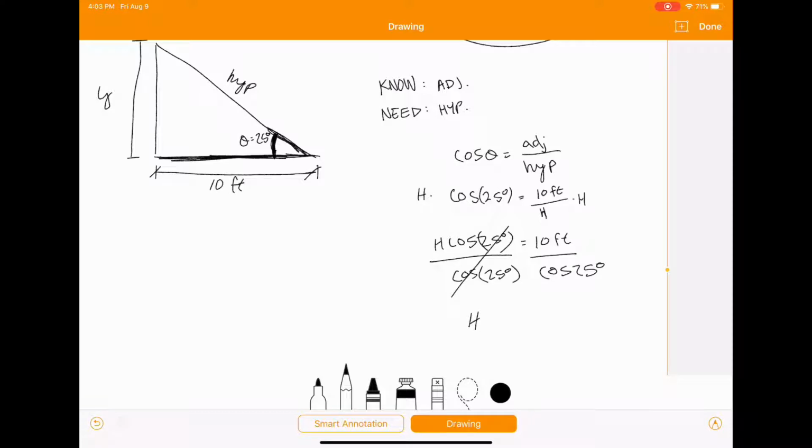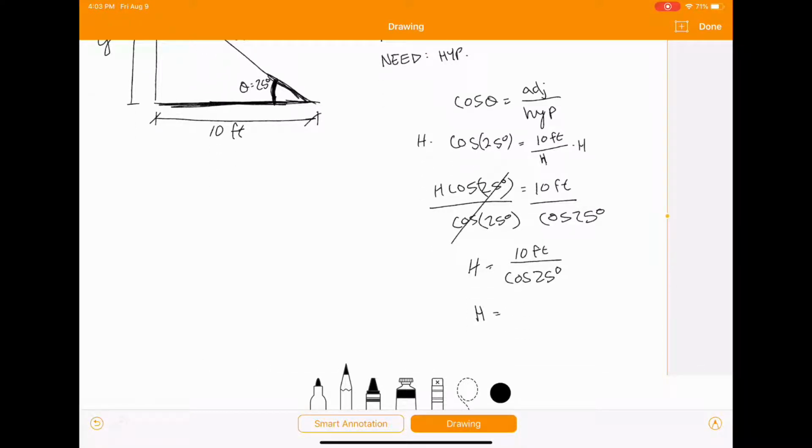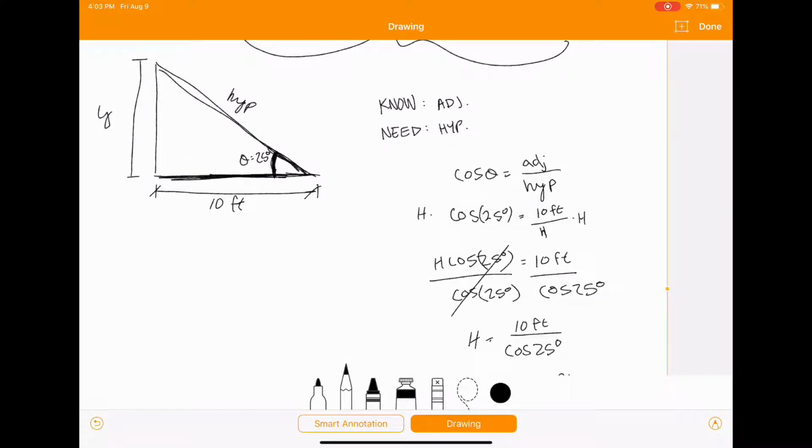So then you'll get h is equal to 10 feet divided by cosine of 25 degrees. And when you plug that into your calculator, you get that your hypotenuse is 11.03 feet. So now we know the length of our hypotenuse, and we know two sides of our triangle.